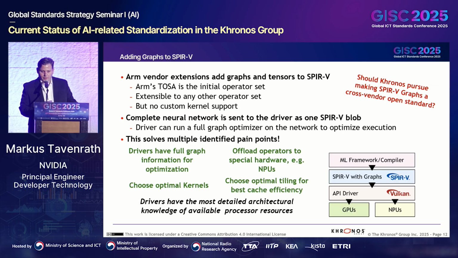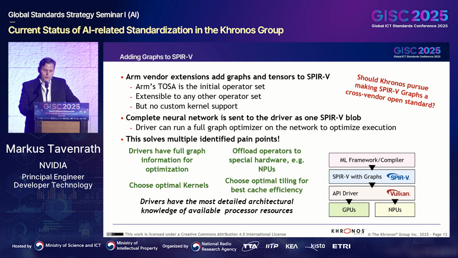And with SPIR-V supporting graphs, the complete neural network can be sent to the driver as a single SPIR-V blob. And now the driver has the full information for graph optimization. So it can choose optimal kernels instead of relying on SDKs to optimize the kernels. It can use information which is not made public through the API yet.